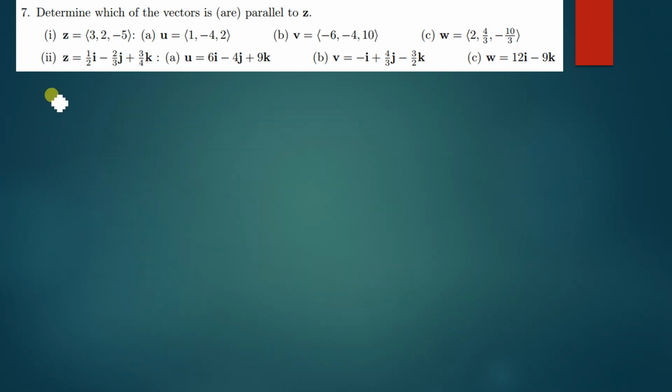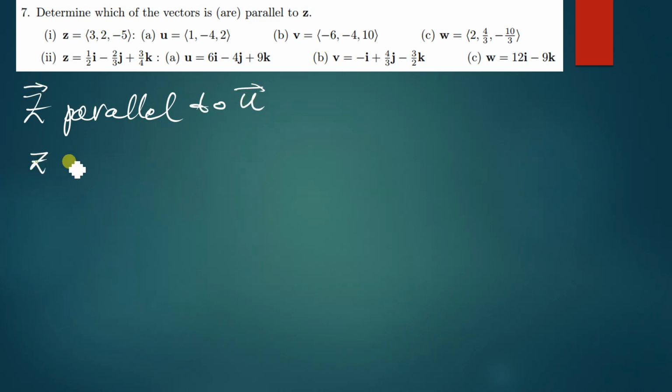Two vectors are said to be parallel if they are a scalar multiple of each other. Meaning if the vector Z is parallel to the vector U, this means that Z is equal to KU.